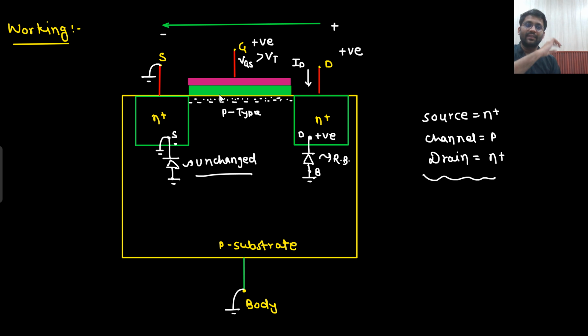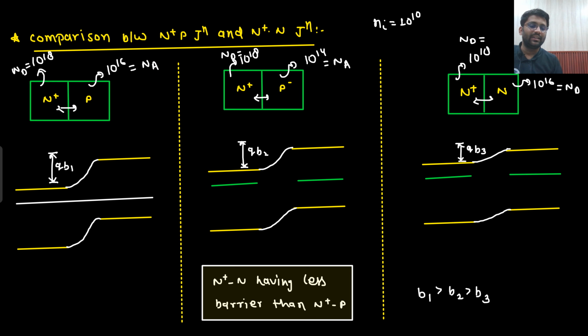If an N plus N junction is there, that will have a lesser barrier than an N plus P junction. Have we seen it? Surely we have.